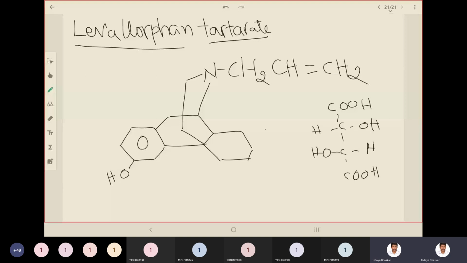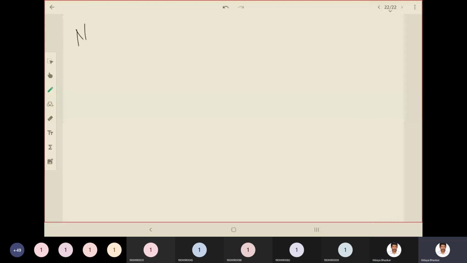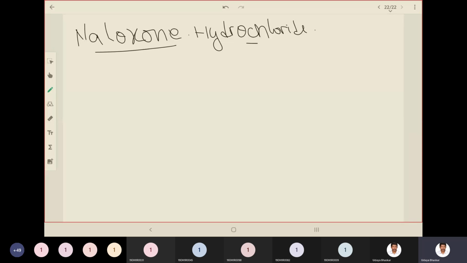And the last drug is naloxone hydrochloride, the salt of HCl. So again, draw the structure of morphine.